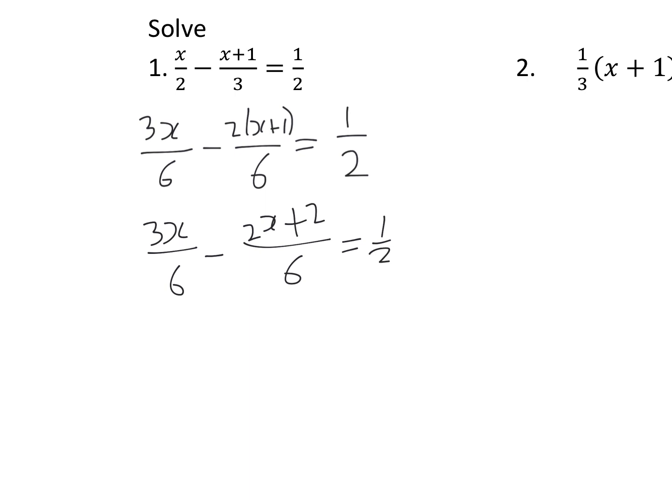And that equals a half. So we've got a common denominator of 6, so that's 3x. And we're taking away all of this fraction. So we're taking away the 2x, but we're also taking away the positive 2. So we're taking away both terms. Take away 2x, take away 2. And that equals a half.